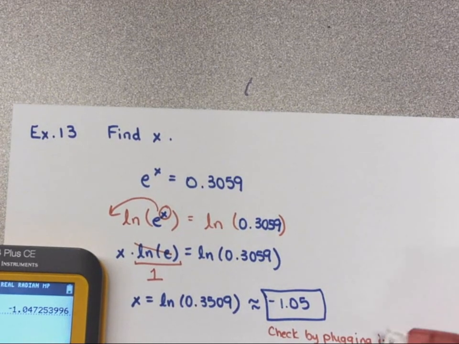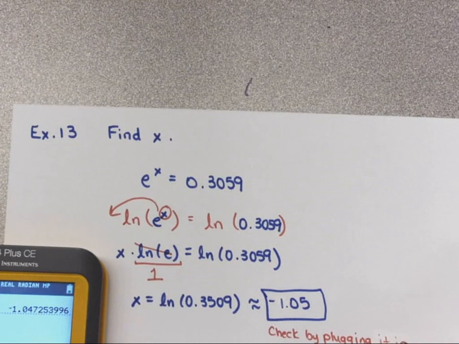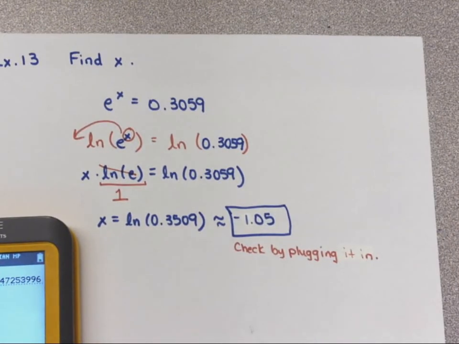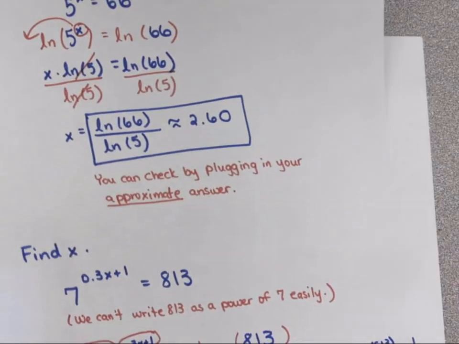Okay, just be aware that some problems are going to be closer than others when you check it to plug in. Okay, and the reason being, this is what I liken it to. If my bank makes a percentage error on my account, like say 10%, not that big of a deal because I'm a teacher and I don't make that much money. Okay, but if the numbers already are starting off to be larger, in other words, like this one.